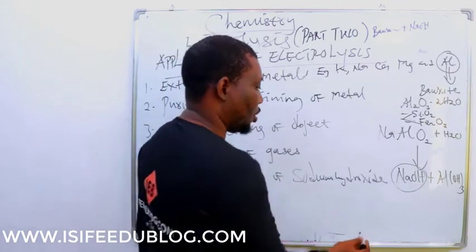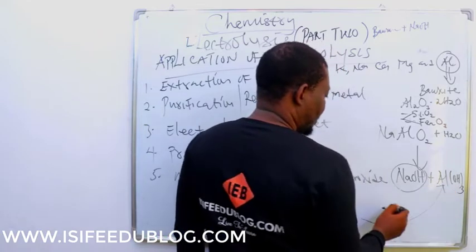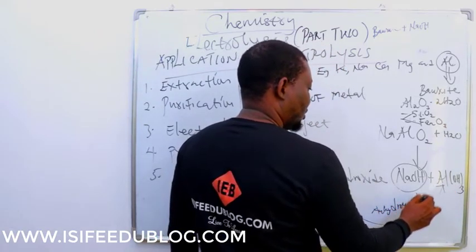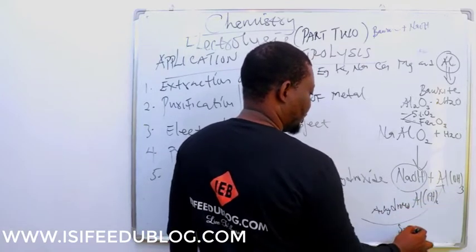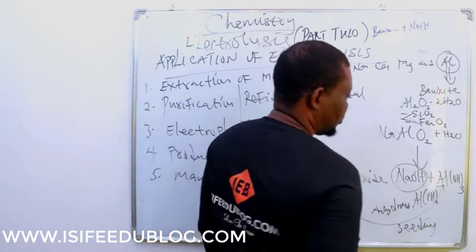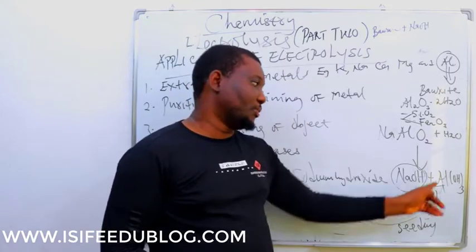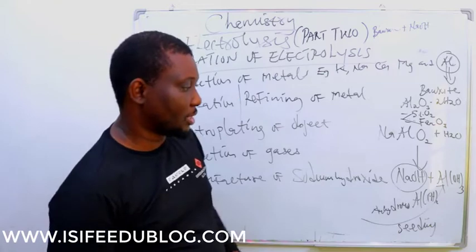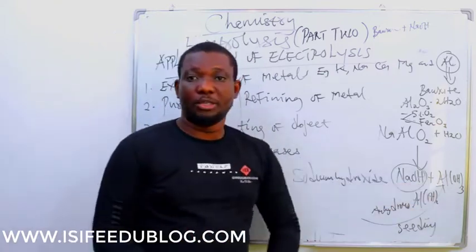But if I want more of this to crystallize from the solution, I will add anhydrous aluminium hydroxide, a process we call seeding. We add dry aluminium hydroxide so that we can have more precipitation of aluminium hydroxide from the solution.